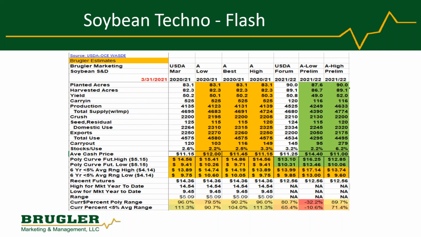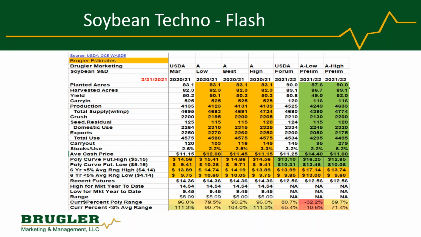Using the same type of analysis that we talked about before, we're looking at the 12-month marketing year price ranges for soybeans. If you look at the 6 years where stocks usage ratio was tighter than 5%, and we're talking 2.5 here, the average trading range is $4.14 in those 6 years, going back to 1980.